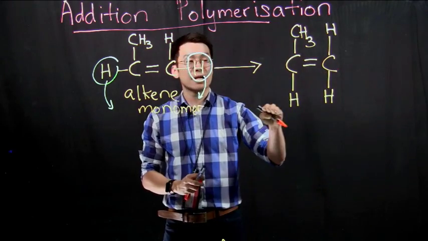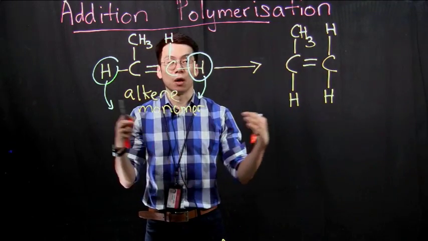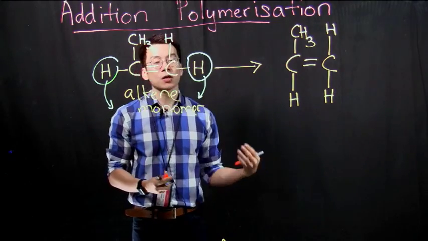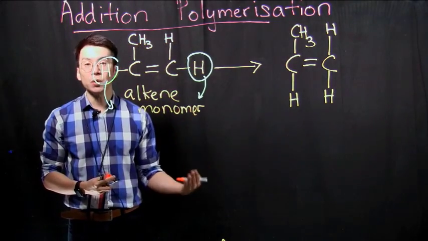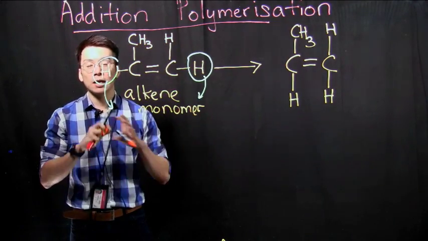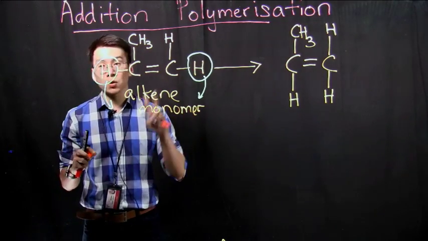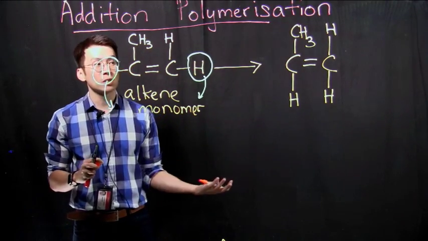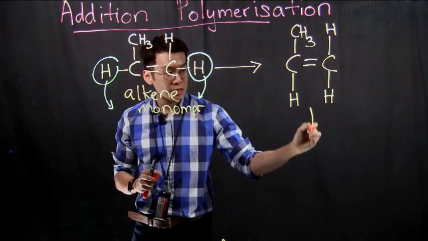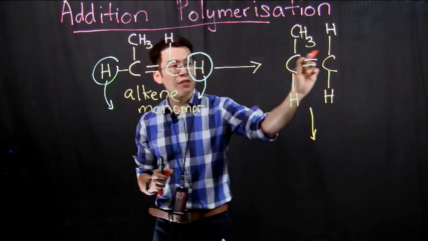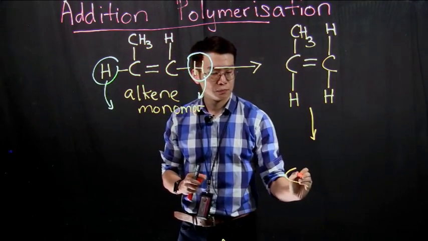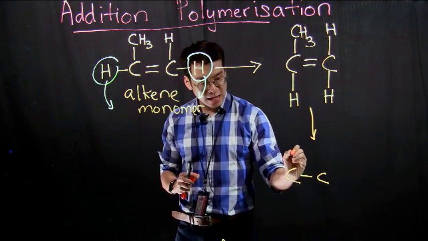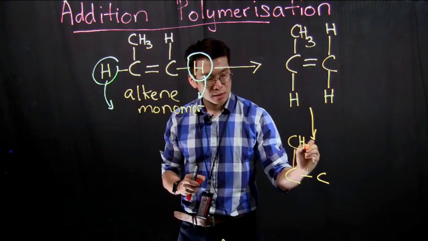Now we can join the molecules together. If the question says show a polymer with two repeating units, how will this look? Our next step is to remove this double bond. Everything else remains the same.